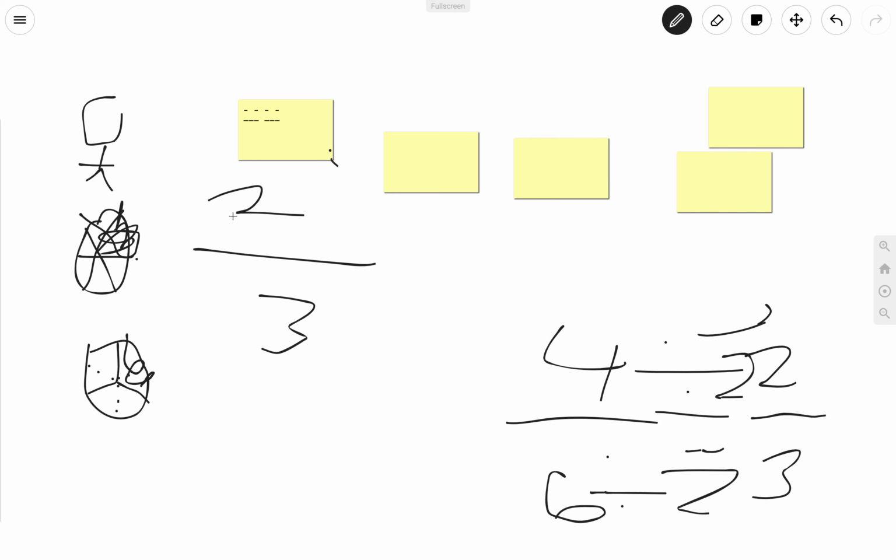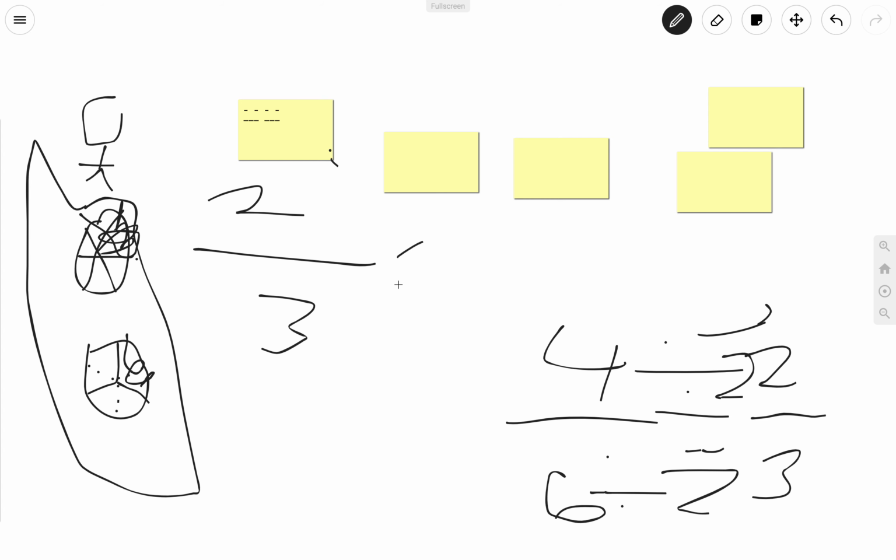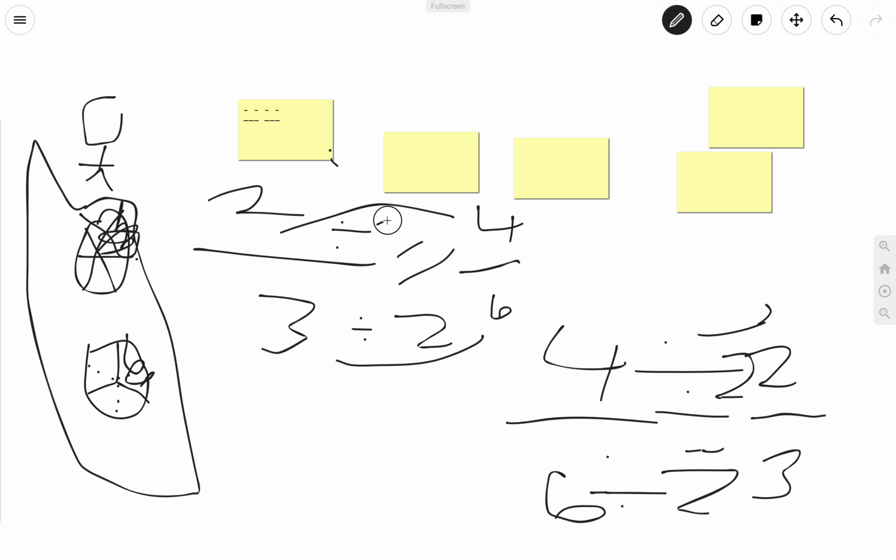So from this, if you move into my not so good diagram, this is what visually happens. So 2/3 equals 4/6. This is simplifying fractions. You can divide both sides by the same thing. Divide by 2. Divide by 2.